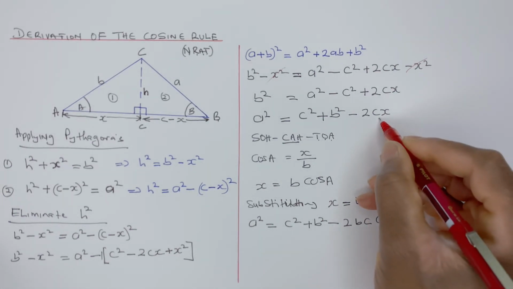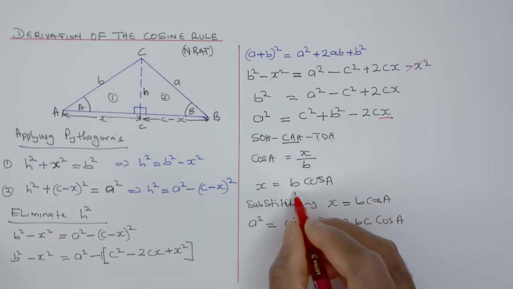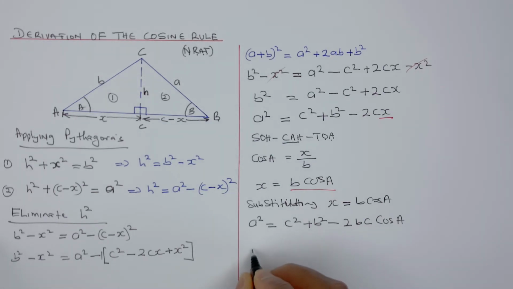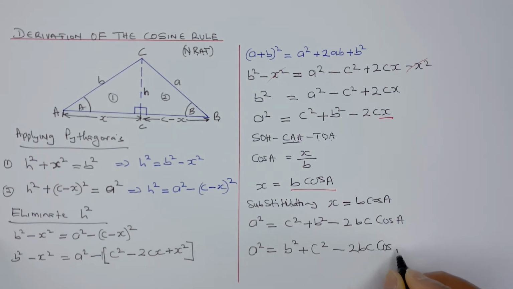I replaced x in that equation with this value here. And that derived what I needed to find. So the derivation then is a squared equals b squared plus c squared minus 2bc cos a.